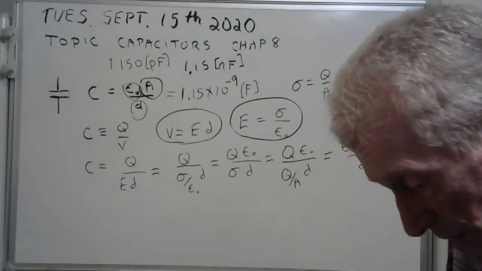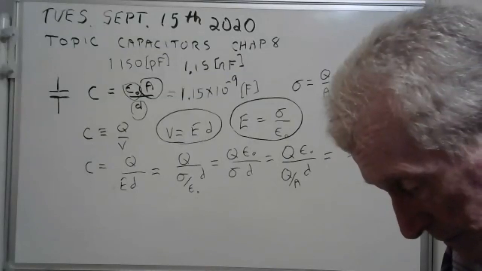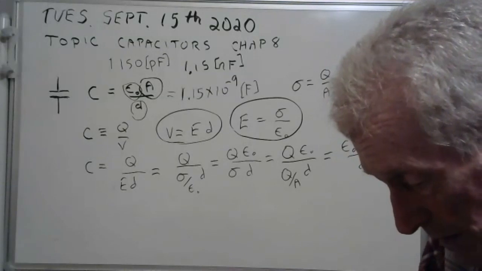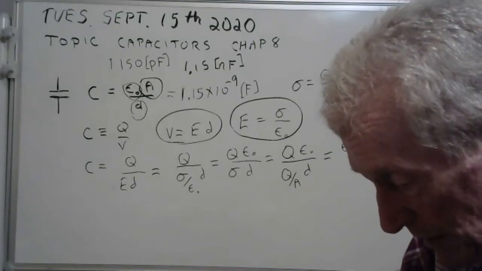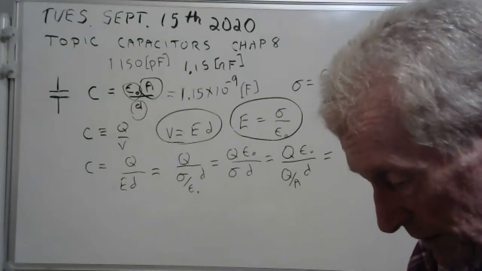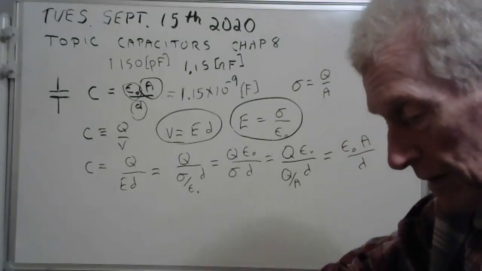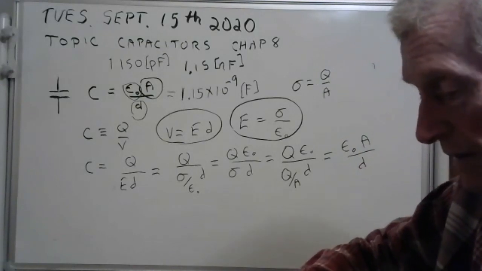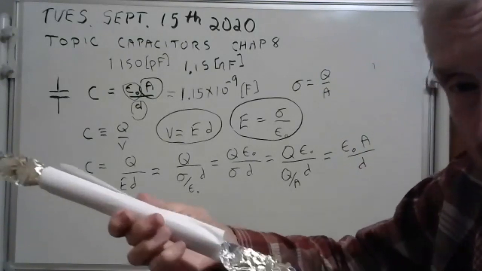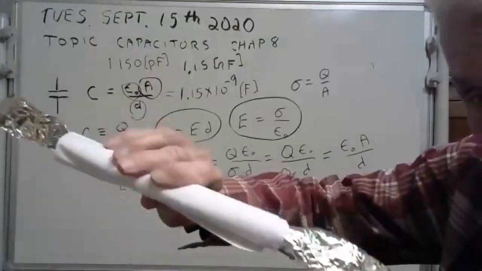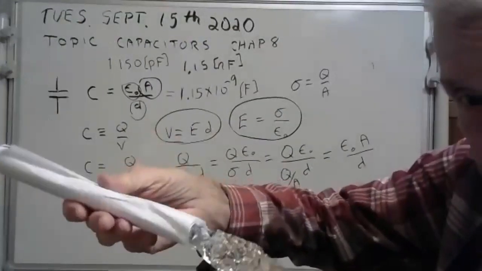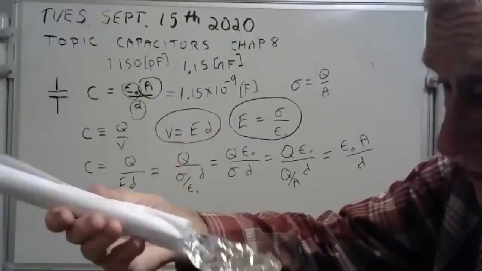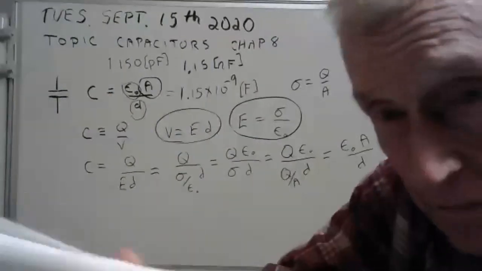You could have made one a lot smaller. Ta-da! All I did was I rolled it up. All I need is a rubber band to keep it from unrolling, or I could glue it, I suppose. And I've made a capacitor.